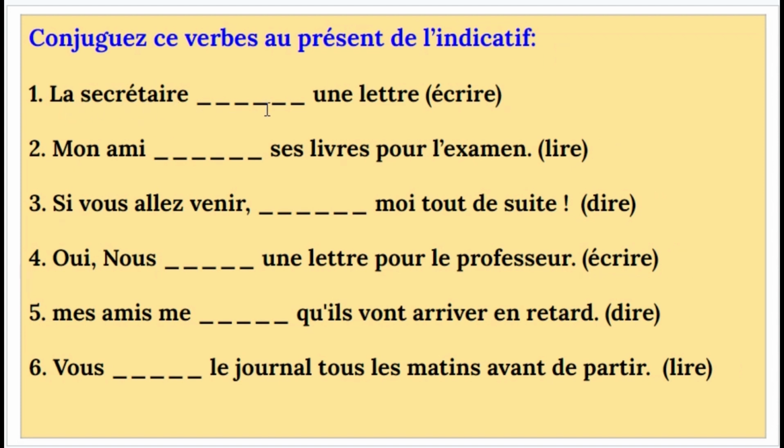La secrétaire dash une lettre. We have écrire here. Okay, the first thing to identify is what subject is la secrétaire. La secrétaire means the secretary, and if we don't want to say the secretary, it should be elle. Elle means she. Now, the sentence wants to say that the secretary writes a letter.